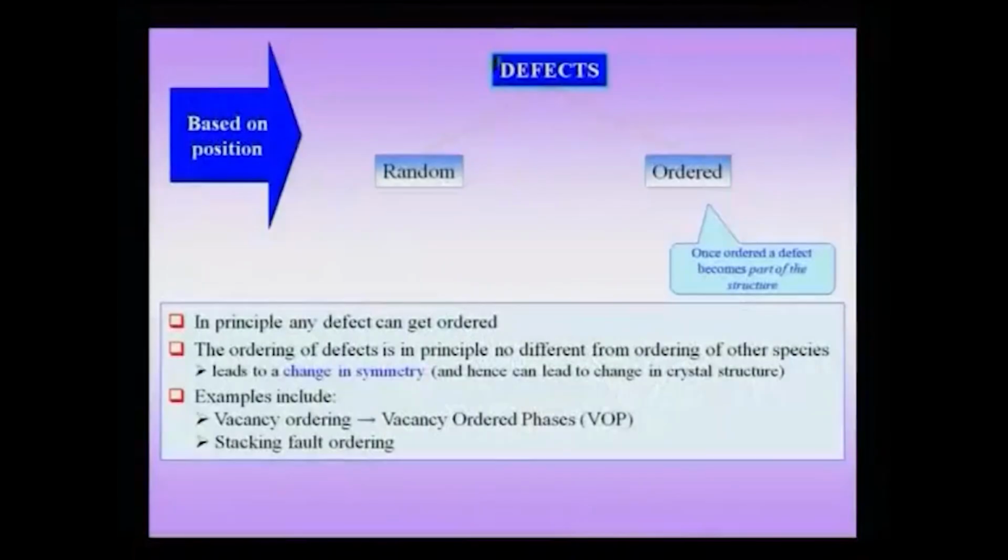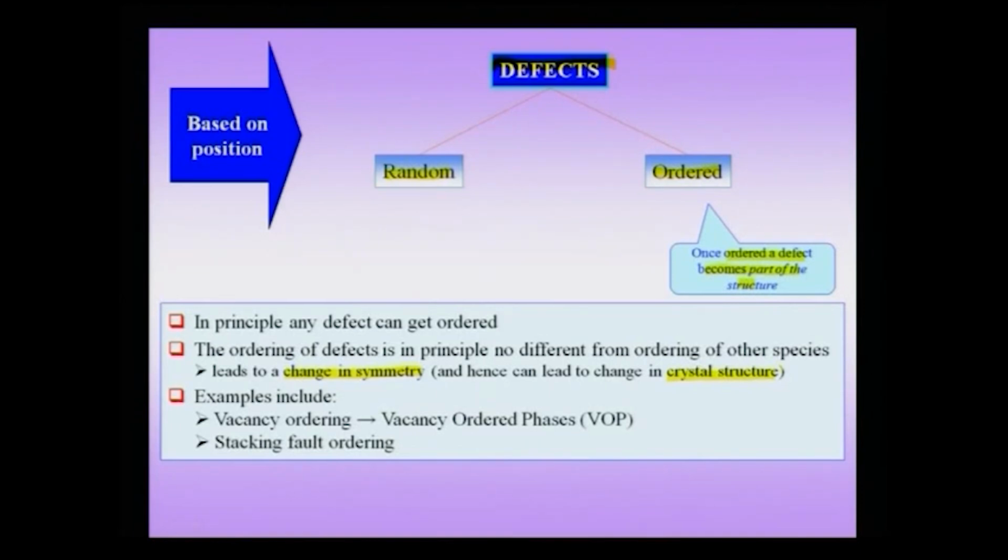A defect can be random or it can be ordered, and the important difference between the two is that an ordered defect, once it has been ordered, becomes part of the structure, and this becoming part of the structure can actually lead to a change in symmetry and hence lead to a change in the crystal structure.